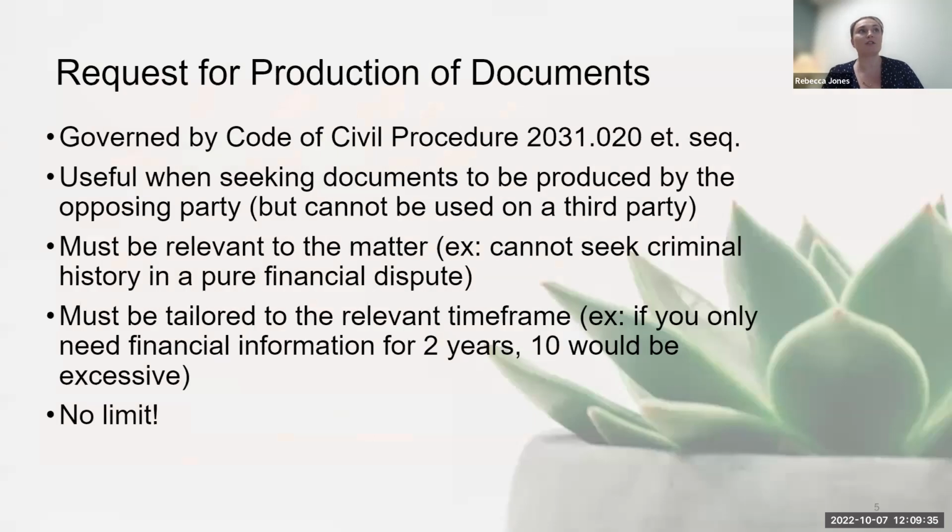The request for production of documents is under Code of Civil Procedure 2031.020 and the following sections. It's useful when you're seeking documents to be produced by the opposing party. This is not going to extend to third parties. This particular tool is only going to be relevant within the matter and the parties themselves.